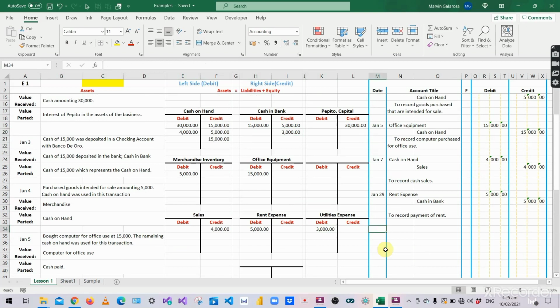Record na natin siya. January 30. Debit, utilities expense, magkano? 3,000.